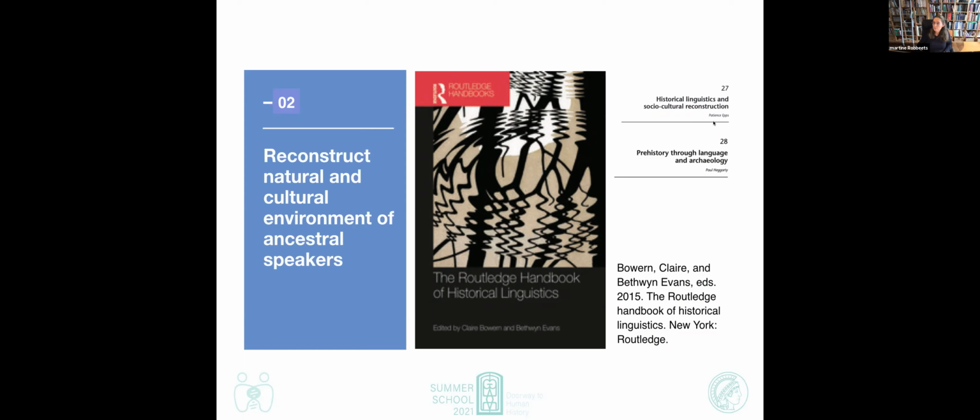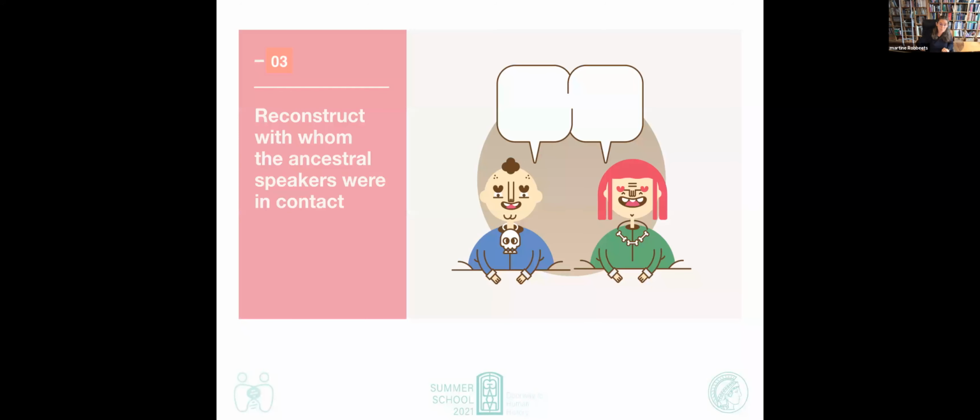One is by Patience Epps, a general introduction to what cultural reconstruction is, and another is by Paul Hegarty, who takes a more critical attitude towards cultural reconstruction. So this is also something that I could advise if you want to know more about cultural reconstruction.